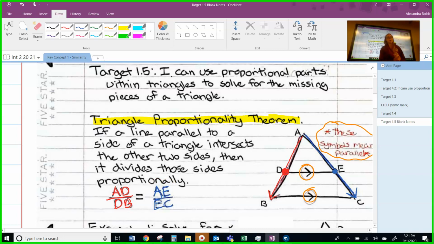So AD over DB equals AE over EC. If I'm just dealing with those sides, I do not have to split my triangle apart.